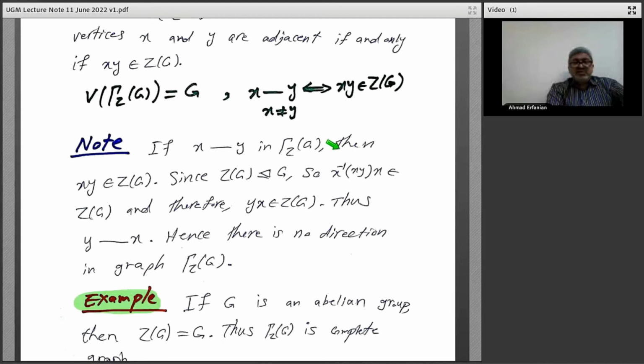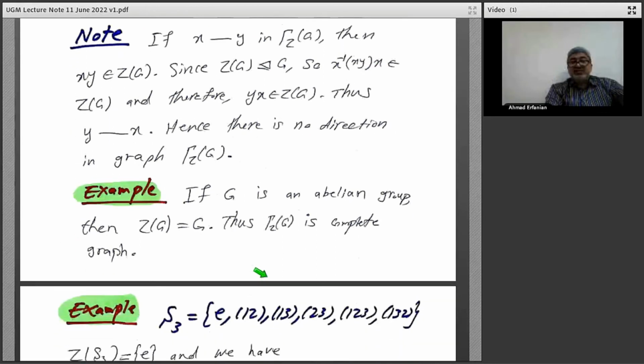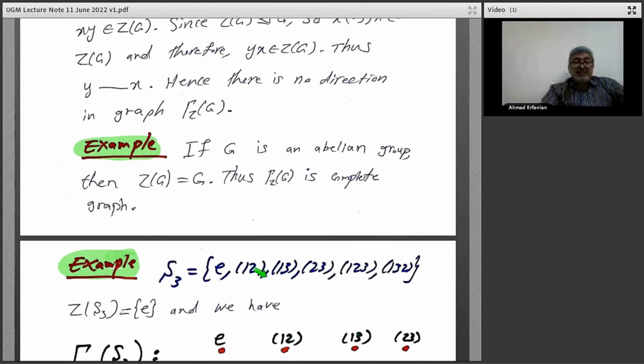We have to note that we don't have any direction, because if x is adjacent to y, then y is again adjacent to x, because the center is a normal subgroup. So if xy is in the center, then because the center is normal, x inverse xy x is in the center. It means that yx is in the center.